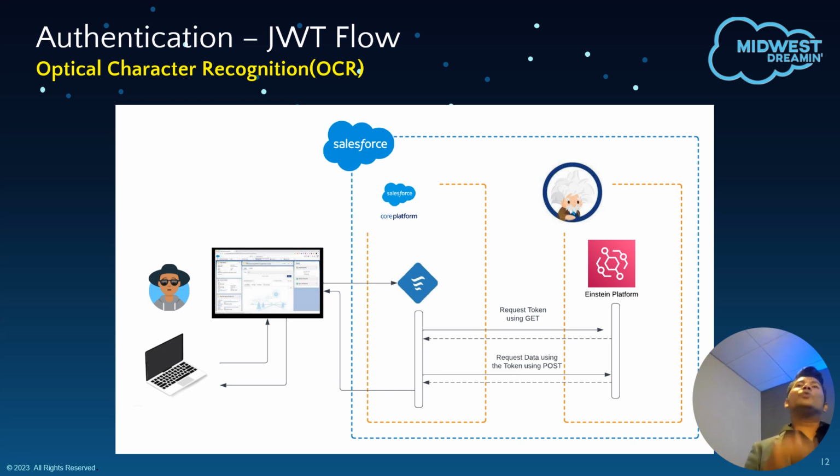It has two different parts to it. At first, it tries to validate whether you are the right entity or not. So you request the Einstein service with your private key saying that I am that person. Once it authenticates, it gives you an access token.